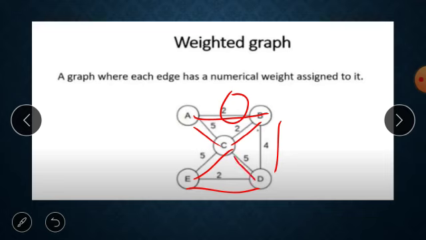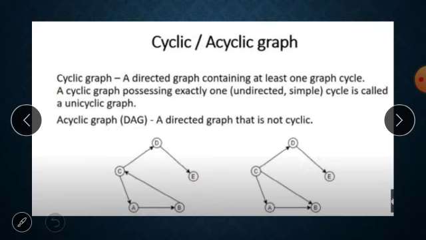So these are the weights assigned to all the edges. Each edge has a cost to traverse, for example between A to B or B to D. That traveling cost is defined on each edge. This is termed the weighted graph.